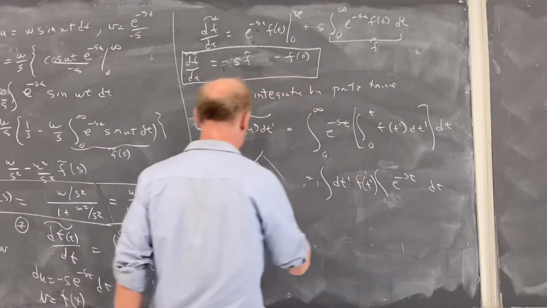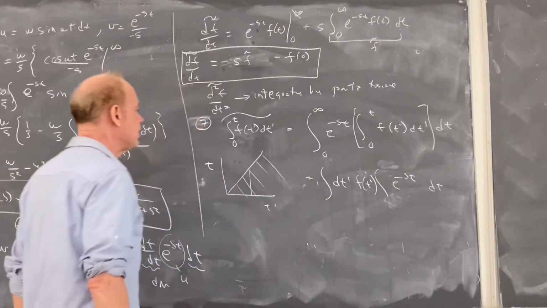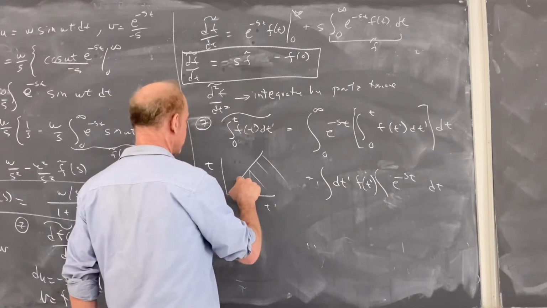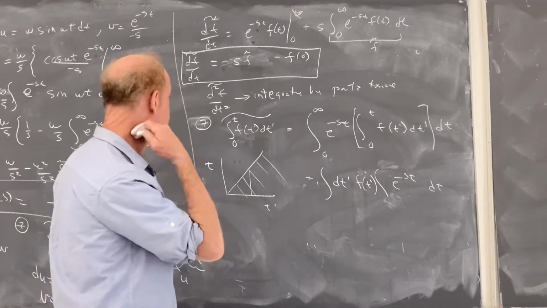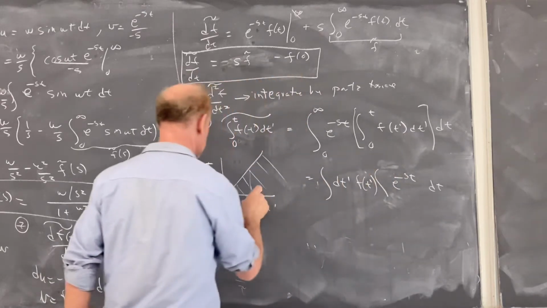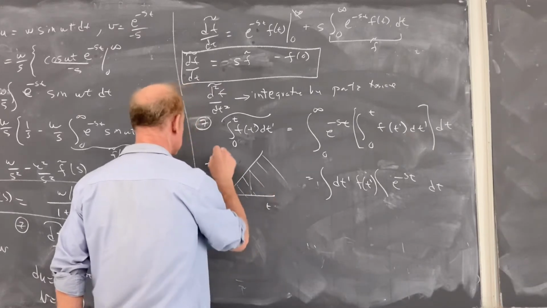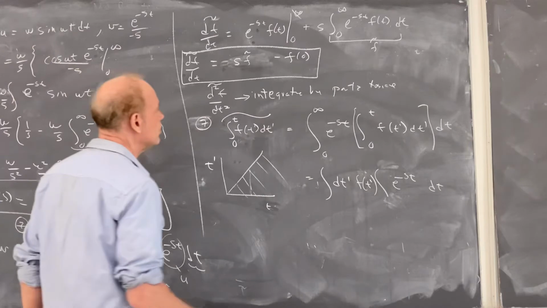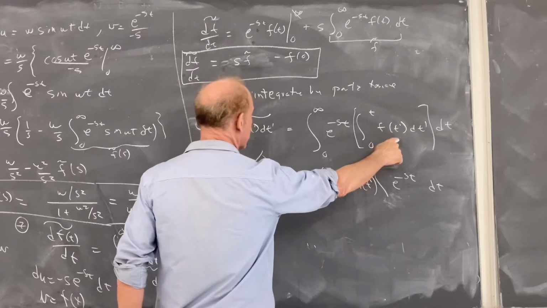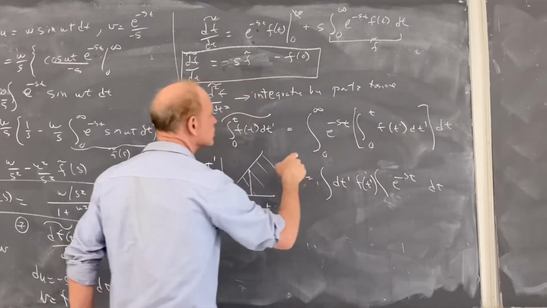Let's just make sure I got this right. Here, t prime went from 0 to t, and t went from 0 to infinity. I'd just gotten the t and the t prime backwards. So t prime is going from 0 to t, that's correct, and t is going from 0 to infinity.